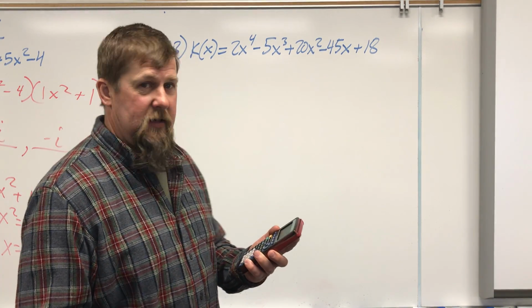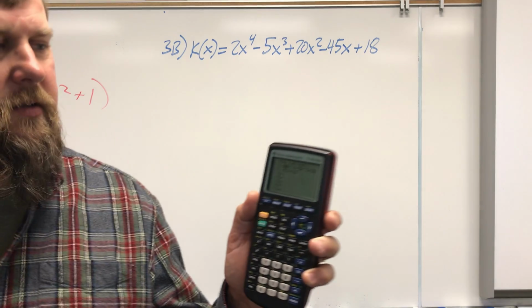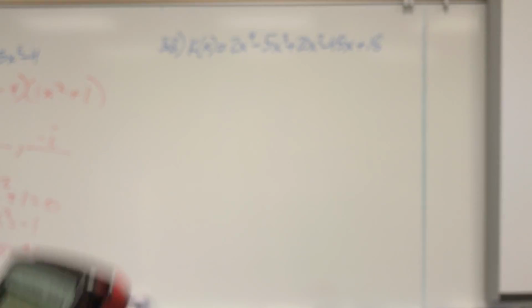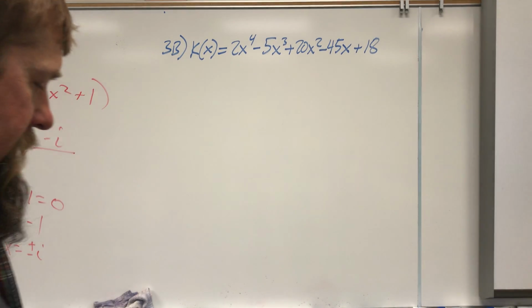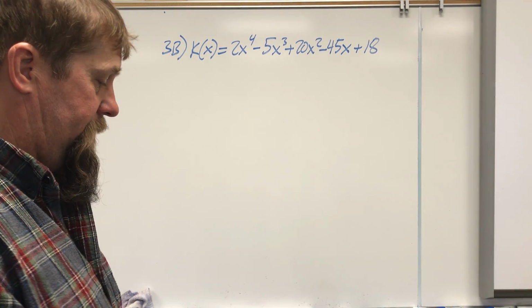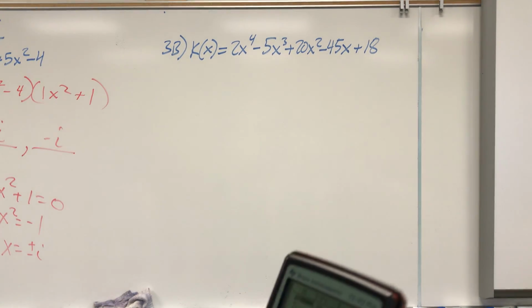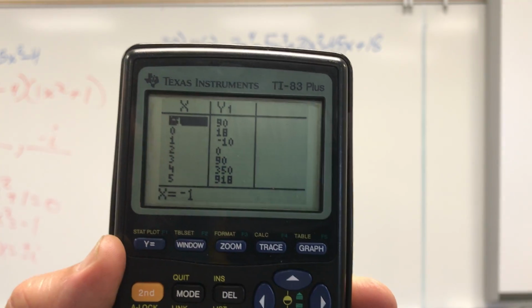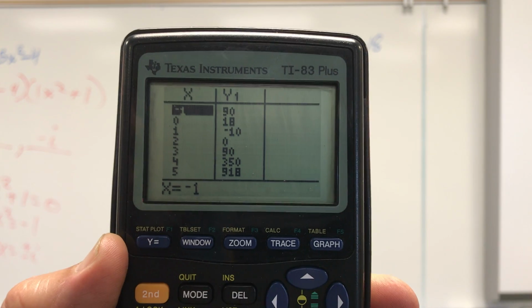So I entered it in here. Okay, I'll see if you can see that. And then I'm going to go to the table. And if I go to the table, I can see that 2 is a 0.